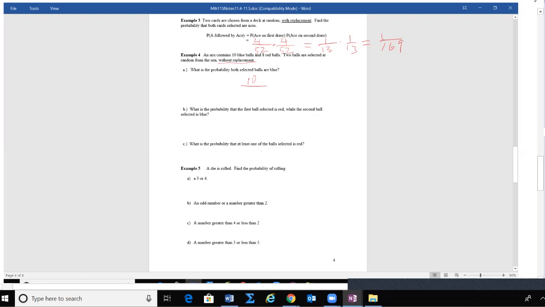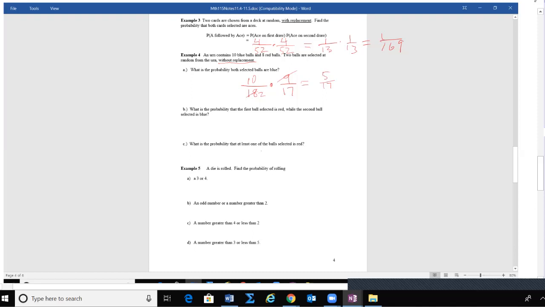That probability is 10 out of 18. Then we're going to multiply that by another. We want another blue ball, so there must only be 9 left out of 17. So let's see, that would give us a 9, the 2, and that goes in 5, so we get 5 over 17.